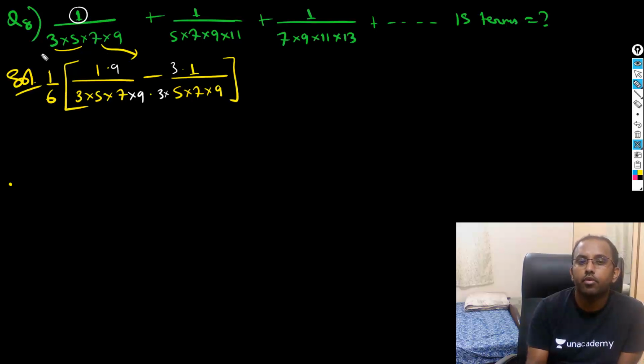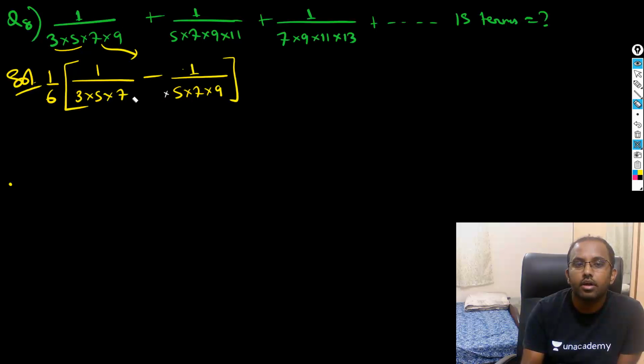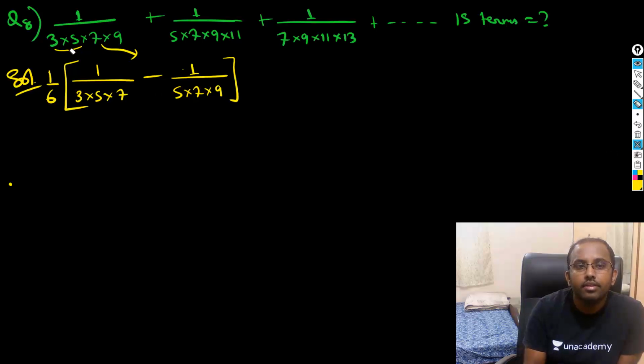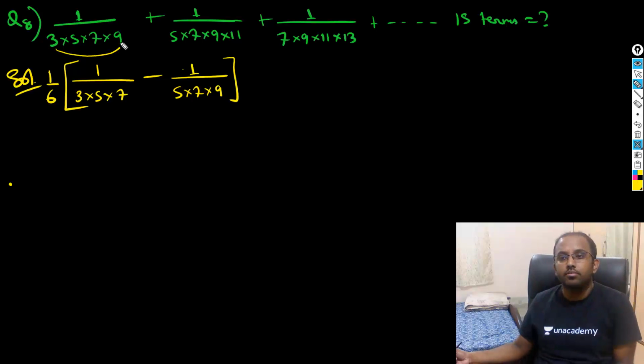That means what is this 1 by 6 here? 1 by 6 is basically the gap of the first and last term. 3 and 9, that gap is 6 here, correct?